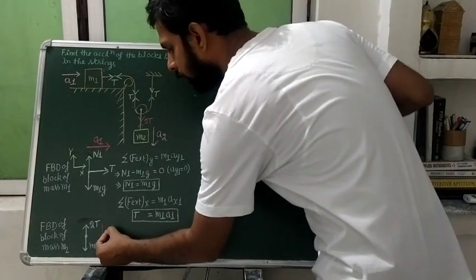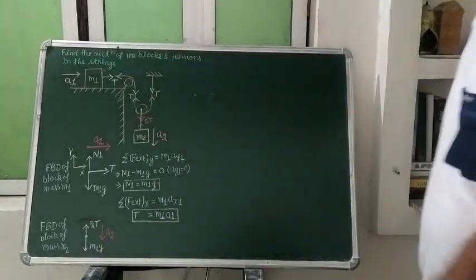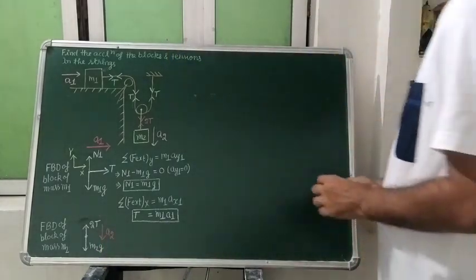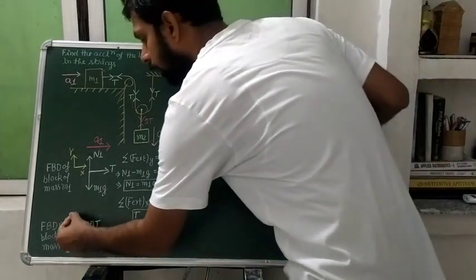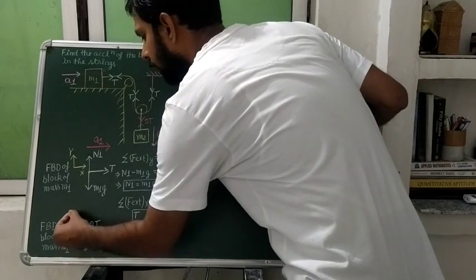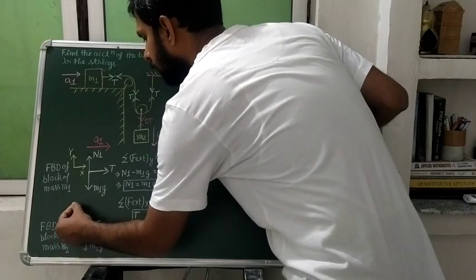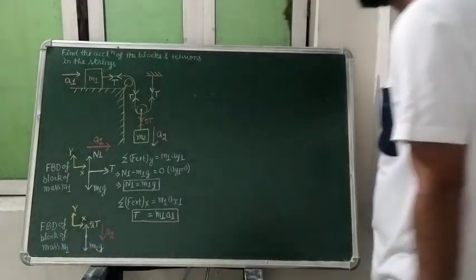So here, what will you get? A2 acceleration in the downward side, you have assumed. And suppose I am considering the coordinates such that this is the positive y axis and this is the positive x axis.